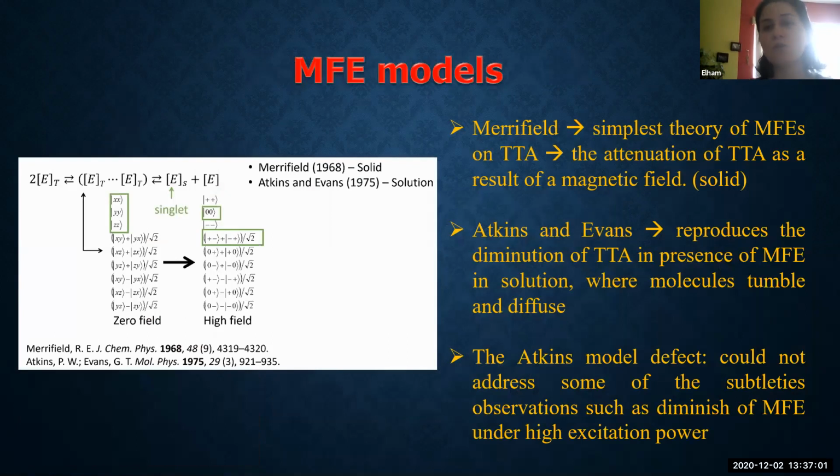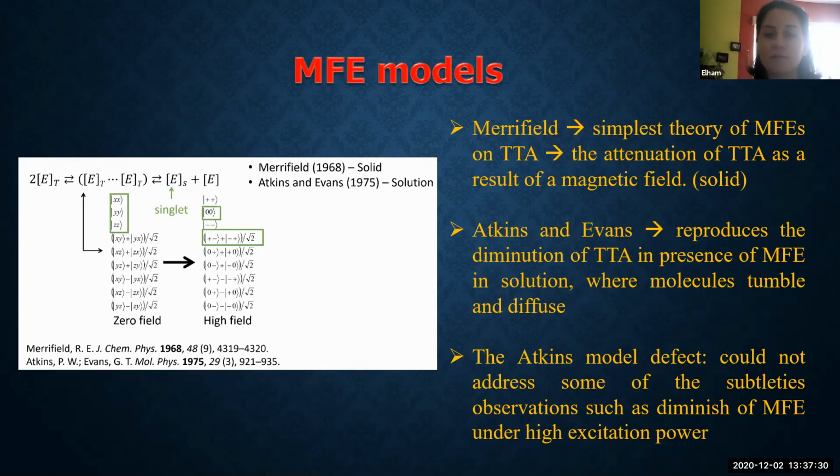All right, so about the magnetic field effect, many people considered this effect on triplet annihilation before. Merrifield described a theory previously, which was the simplest theory, which talks about the attenuation of the PL as a result of increasing the magnetic field in solid phase.